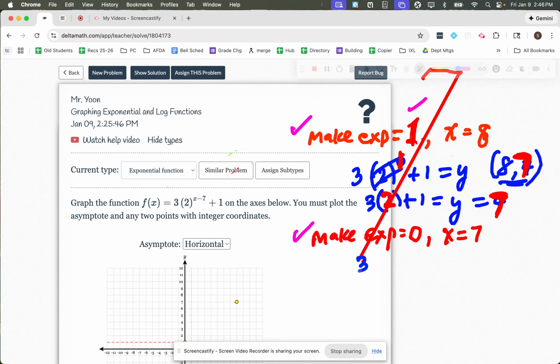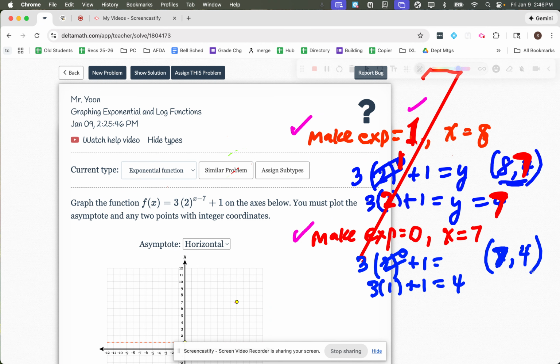Y equals 3 times 2 to the 0, since 7 minus 7 equals 0, plus 1 equals, well, what is that? This is just 1. 3 times 1 plus 1 is 4. So the second point we're going to draw is x equals 7, y equals 4.